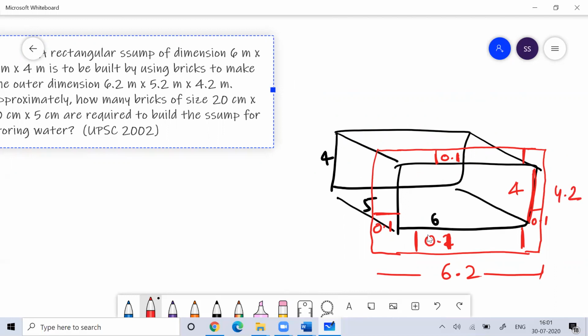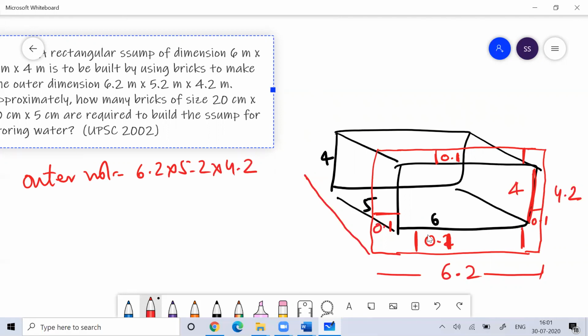And similarly, when you talk about breadth, it is 0.1 on both sides, making it 5.2. So you understand. The outer volume is 6.2 into 5.2 into 4.2.